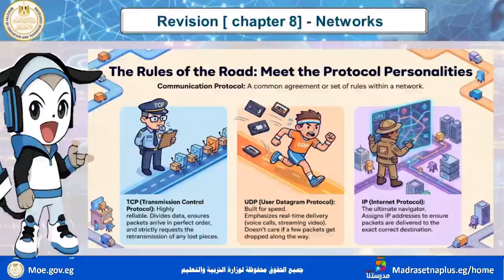It emphasizes real-time delivery. And the final one is IP, or Internet Protocol, the ultimate navigator, which assigns IP addresses to ensure packets are delivered to the exact correct destination. So I want to make sure that my data is received correctly at the correct destination. This is the function of IP, or Internet Protocol.